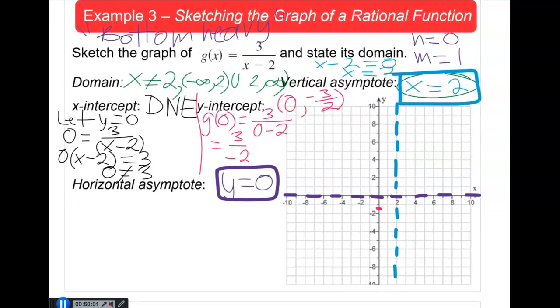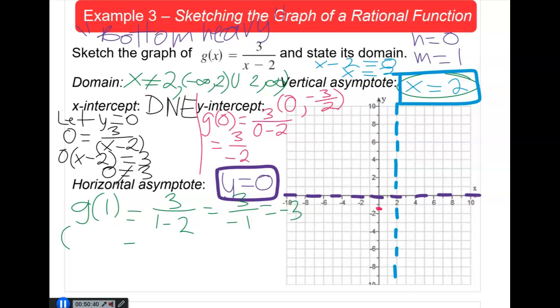So we say let's find g of 1, and it will be 3 over 1 minus 2, which will be 3 over negative 2. Okay, I don't think that is correct. Oh, okay, my bad. So 1 minus 2 is negative 1. There we go. That makes more sense. And so this turns into negative 3.